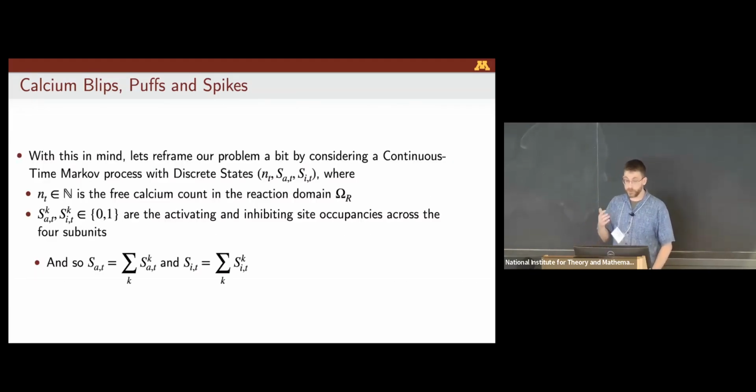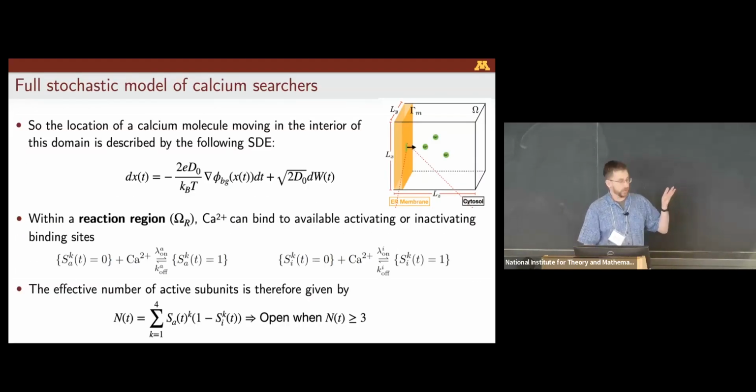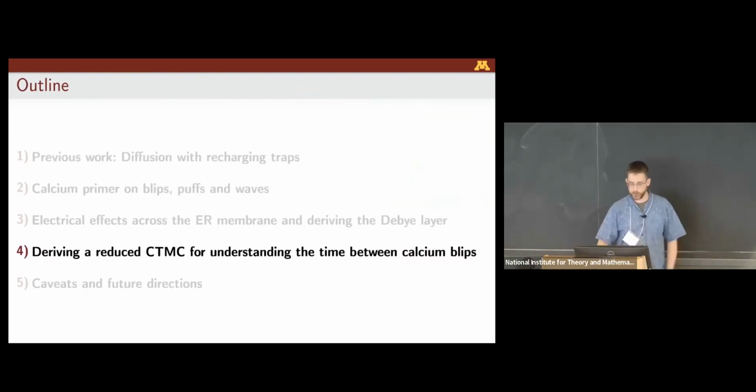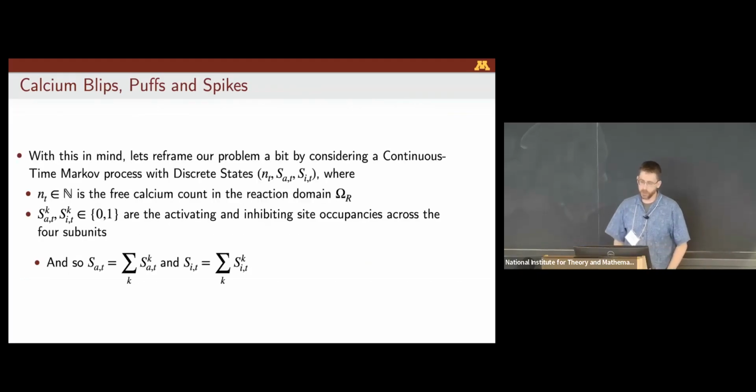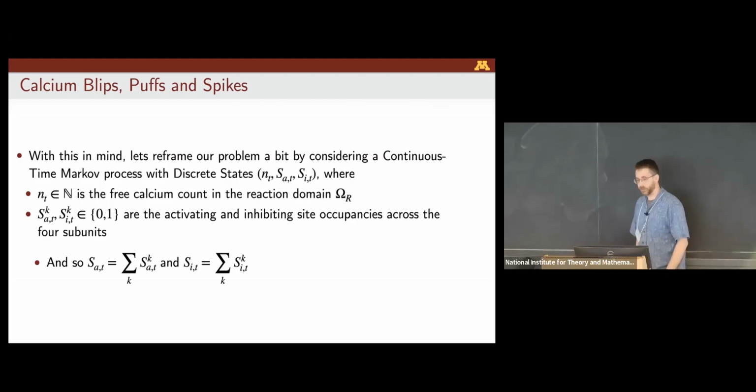And the way that I'm going to do it is that I'm actually going to get rid of this process, because there's a lot of this domain where nothing much is happening, right? Calcium is just diffusing. The only interesting parts are happening within these reaction regions. And that's where this approximation comes into play, where I'm now going to look at a continuous time Markov process with discrete states, right?